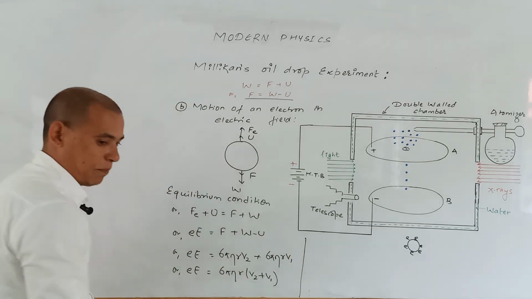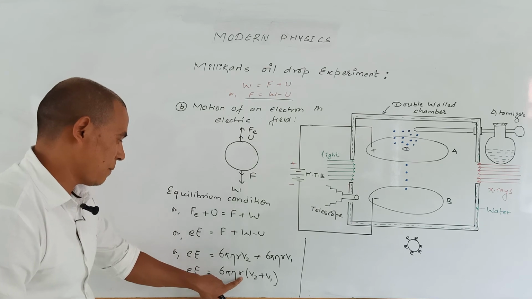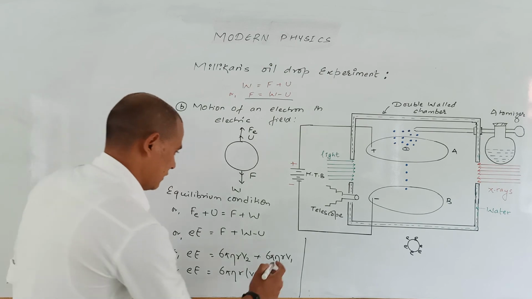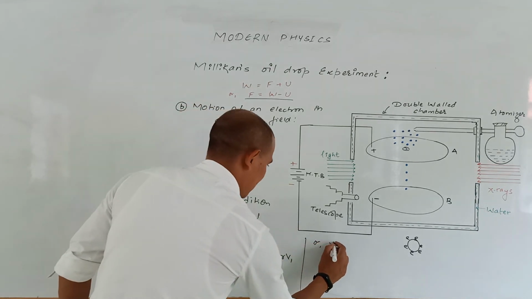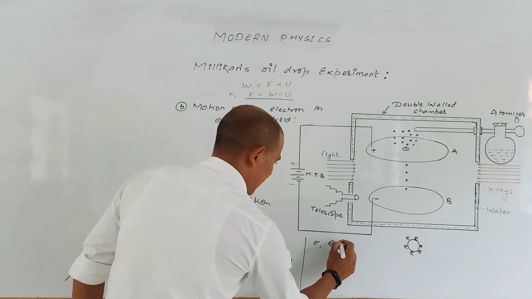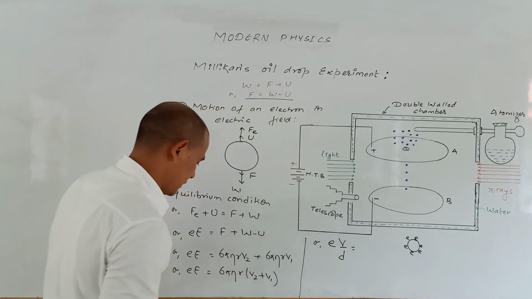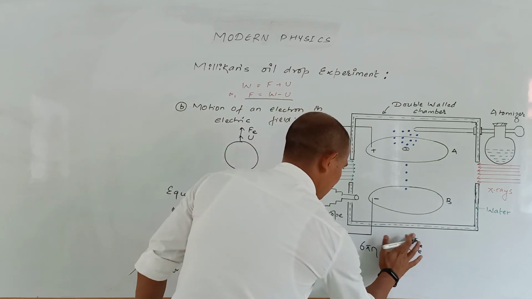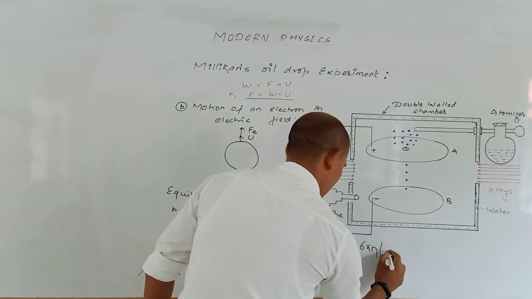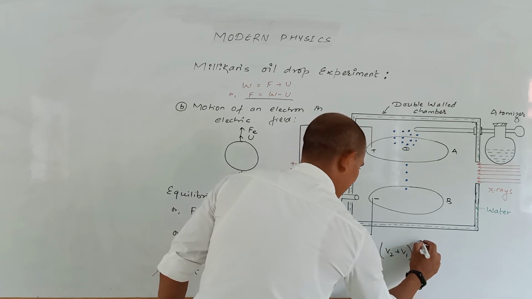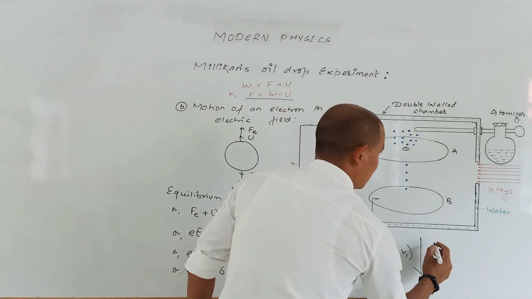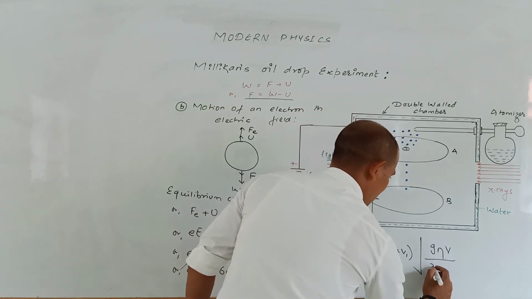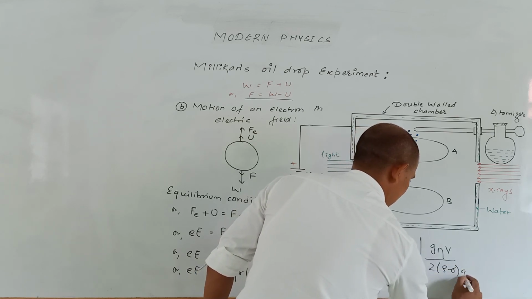We have to replace this r by the equation that we have already derived, and we will again write this equation for E. Since this is the electric field intensity, we can write it as potential by distance. So that will be 6 pi eta, V2 plus V1, and in place of r we have written root of 9 eta v divided by 2 g, rho minus sigma.